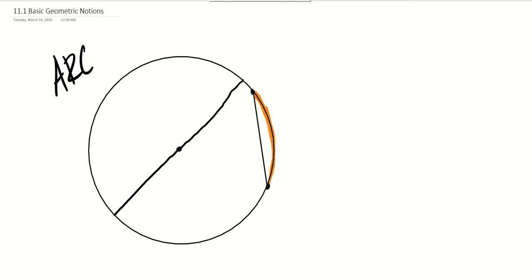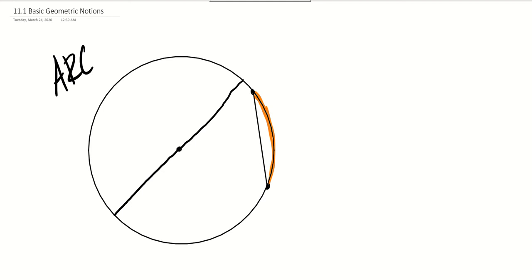Now, if I go to the diameter and I want to highlight an arc, it's going to be a little bit tougher. Hopefully you're seeing why. Because I can go in this direction, or I can go in this direction. I'm just going to scoop around here, still talking about that piece. Either one of those are possible arcs created by the diameter. So when you're naming them, the name is important.